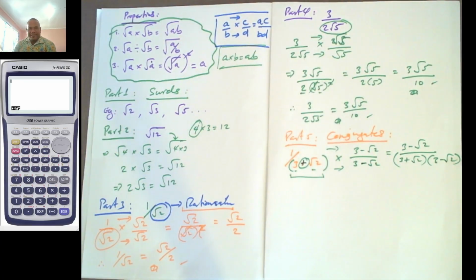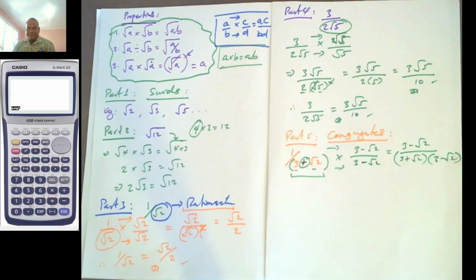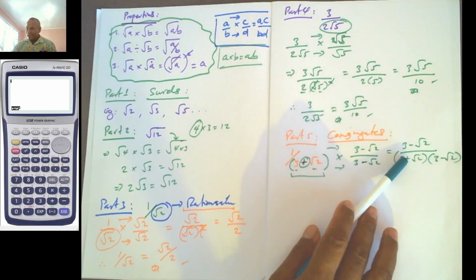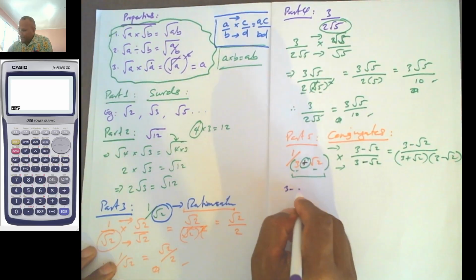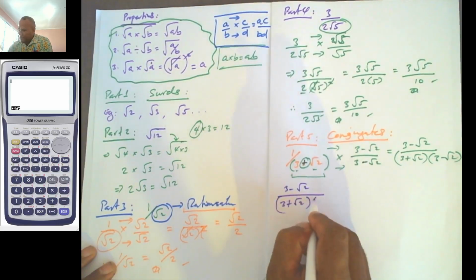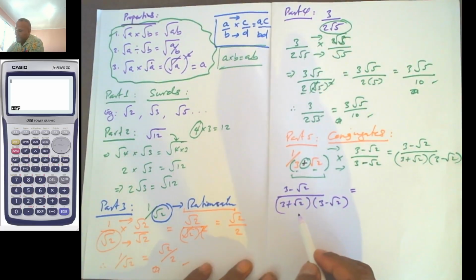You can take time to pause and try to open the bracket on the denominator, then solve it, and then we can see how it goes. Okay, let's open it. So this is 3 minus square root of 2 over 3 plus square root of 2 times 3 minus square root of 2. So we'll try and open the bracket.